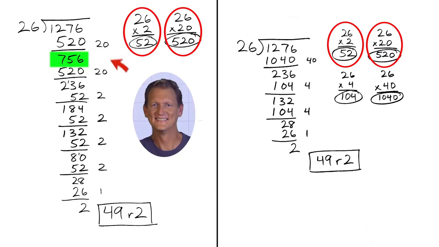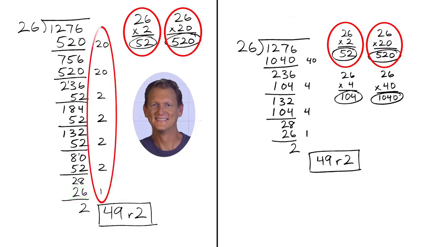They realized they could do that again for the next step, which brought the remainder down to 236. The next partial answer they chose was 2, which let them subtract 52. And they did that a total of 4 times until the remainder got small enough to subtract their last multiple of 26. Last of all, they added up the partial answers they got to get a final answer of 49 with a remainder of 2.